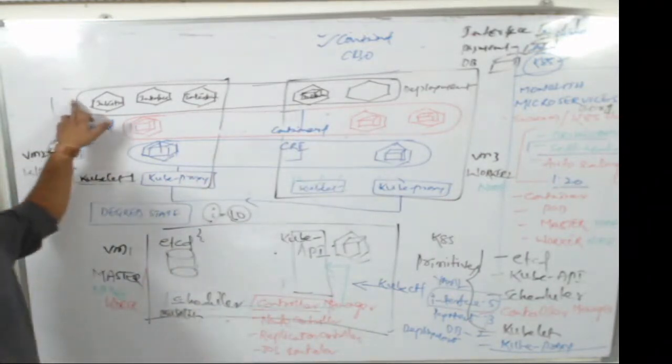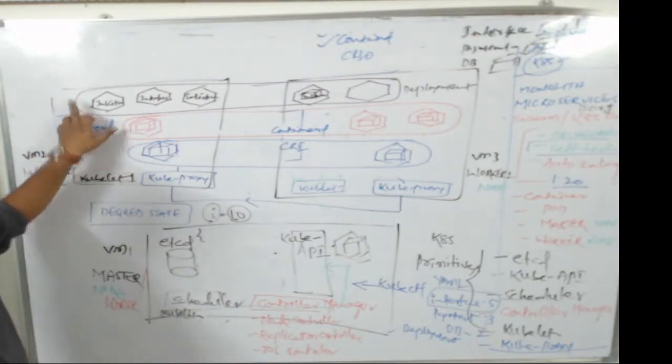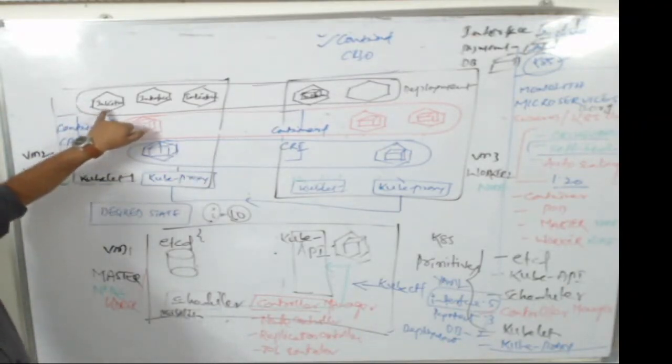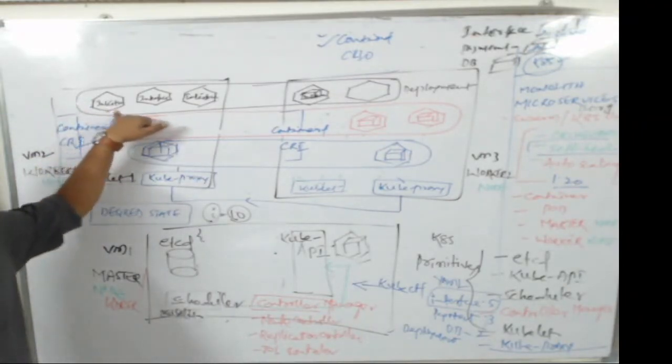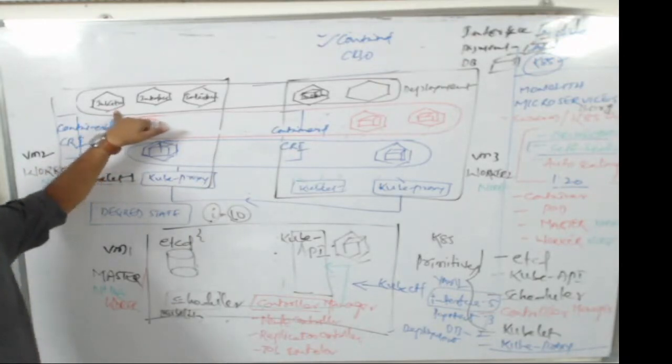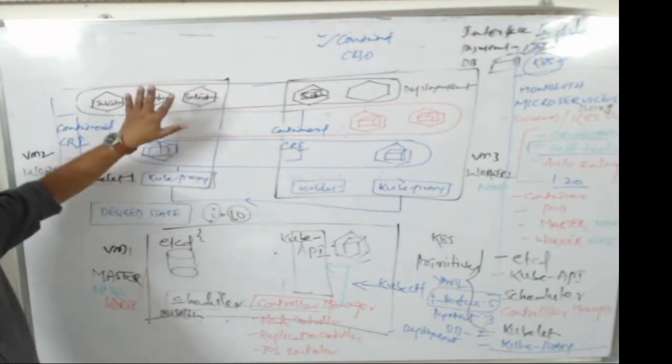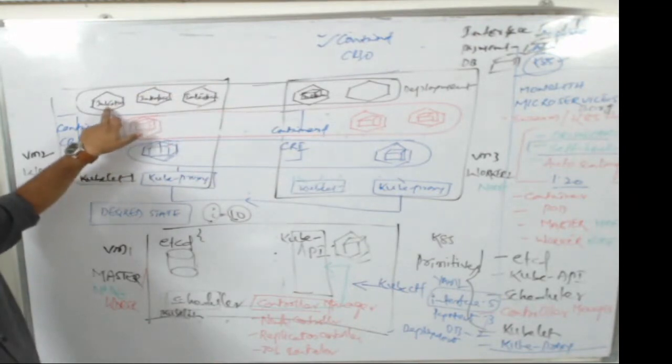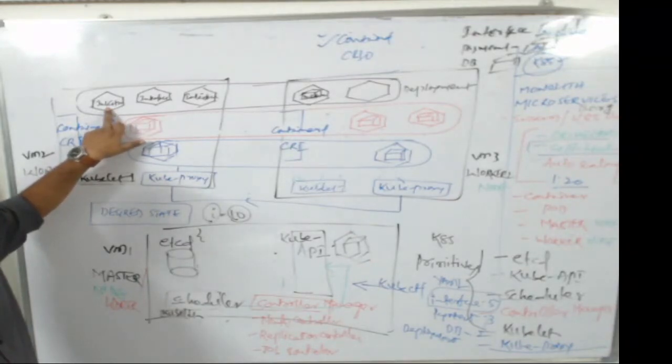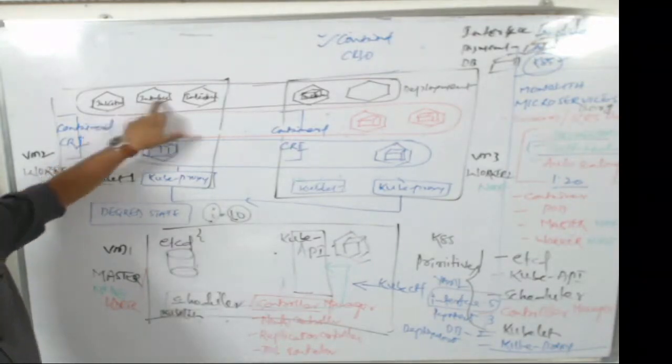Now the deployment is logical in nature, not physical. What it means is, even a pod is logical. When you do ps here, you won't see any of these things. You will only see the containers, because you can do docker ps -a and you can see the containers.